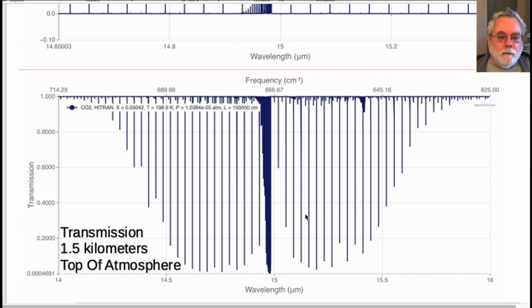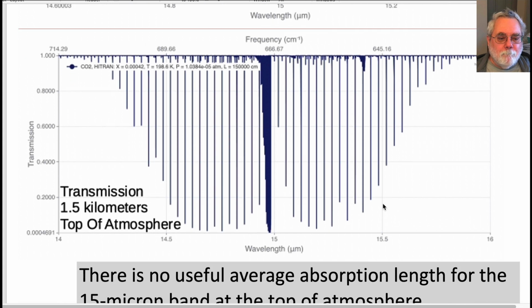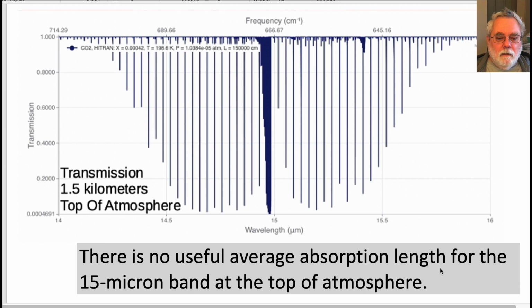Only about 50 narrow lines have absorption length less than 1.5 kilometers at the top of the atmosphere. There is no useful average absorption length for the 15 micron band at the top of the atmosphere.